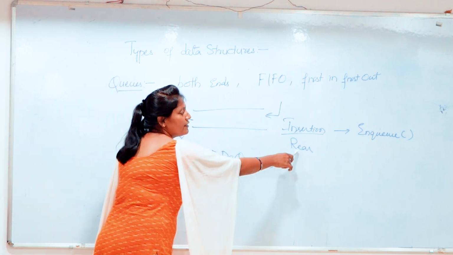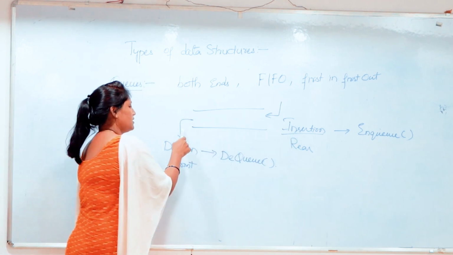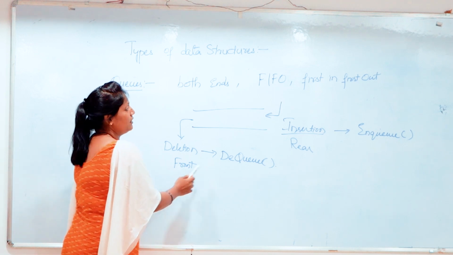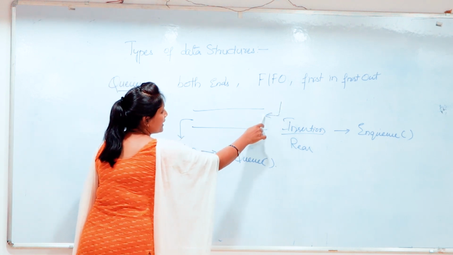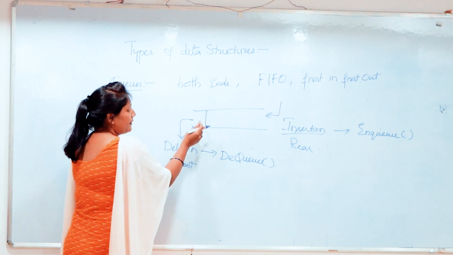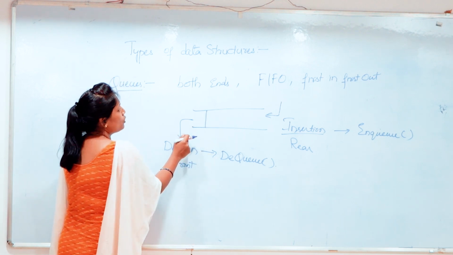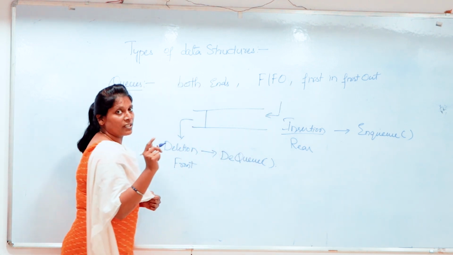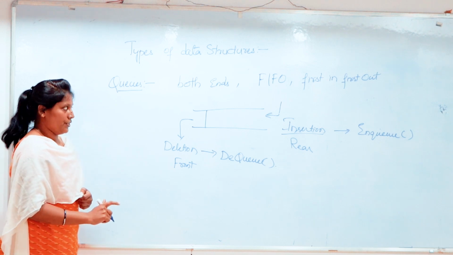This is the rear end where insertion is done, and this is the front end where deletion is done. Whatever element is inserted first will be deleted first. So queues use this first in, first out principle for these operations.